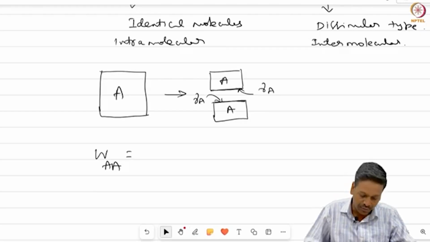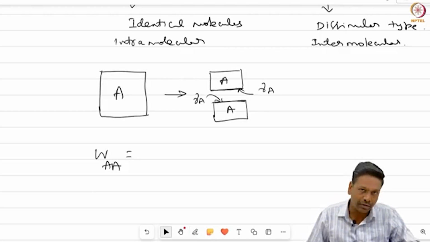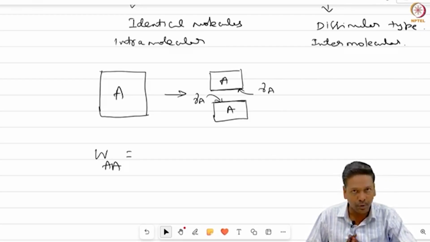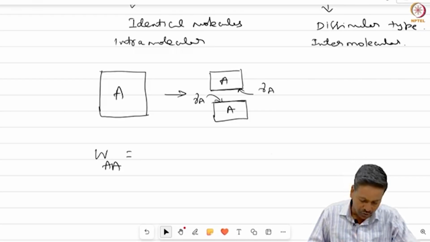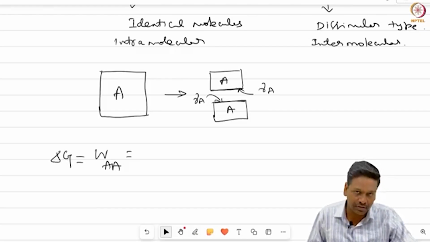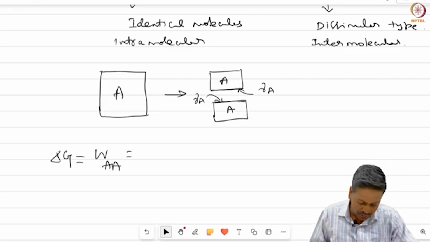Remember, if I want to put them back, whether they will combine to form the column of liquid as they were originally depends on whether the process is spontaneous or not. So for that, we will have to associate this work of cohesion with what is known as delta G, which is the change in Gibbs free energy.